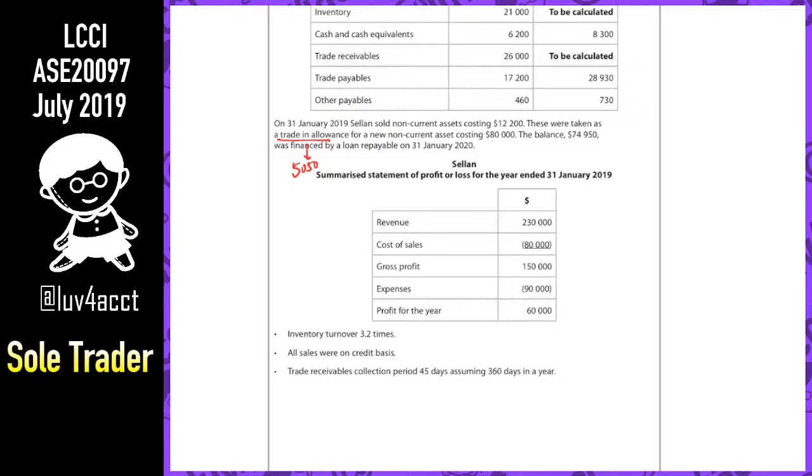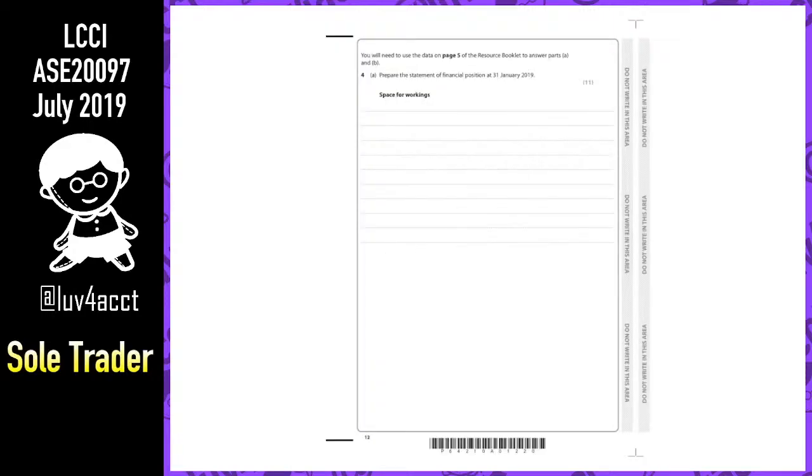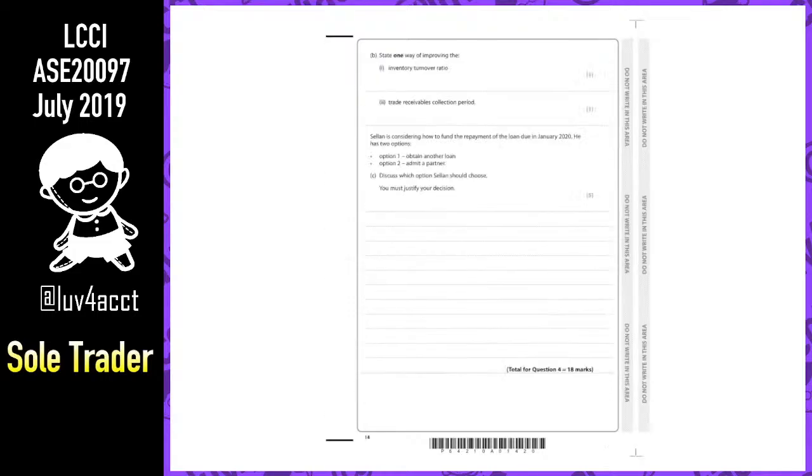Trade receivables collection period, 45 days, assuming 360 days in a year. If that's the case, we can calculate two things: closing inventory and closing trade receivables. We have to prepare the statement of financial position directly, and then some other things.